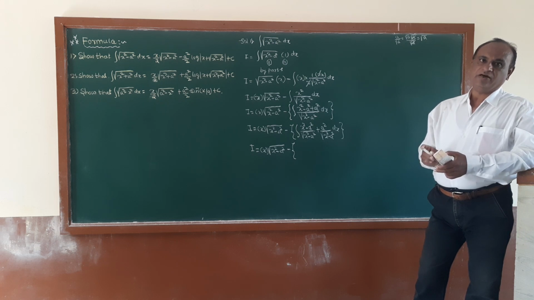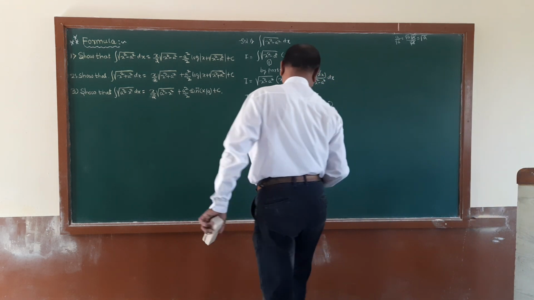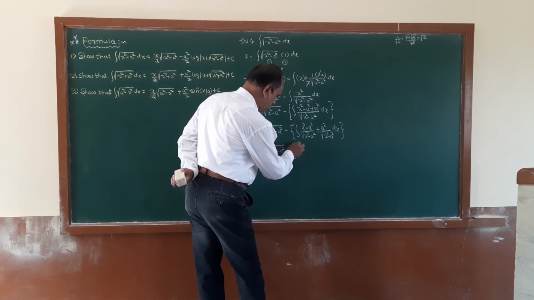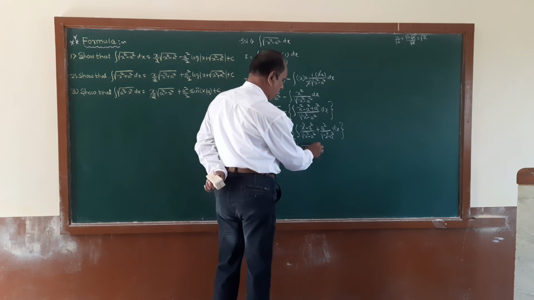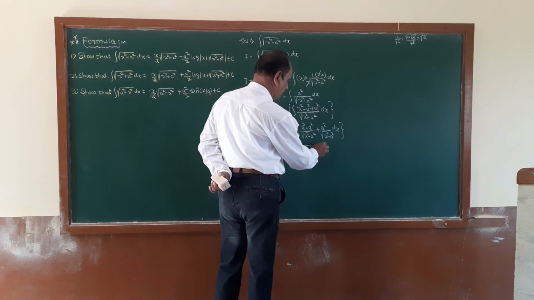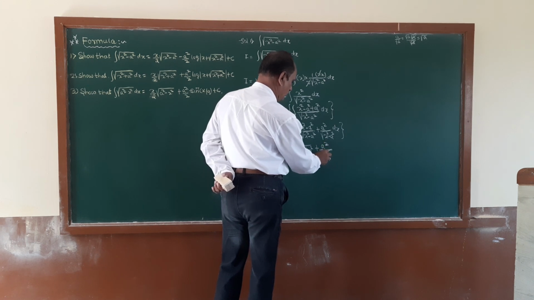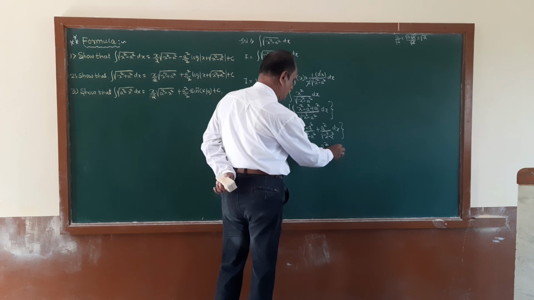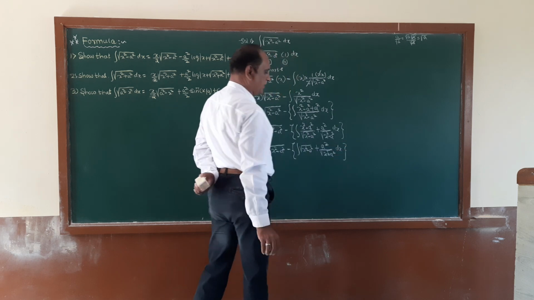Make the numerator a, and the denominator root a can be written as root a into root a divided by root a cancel, otherwise the remaining thing is root a, on the same line. So that is the integral of the square root of x square minus a square as one term, and then the next term, a square divided by the denominator root of x square minus a square, the whole term multiplied by dx. Complete the flower bracket.